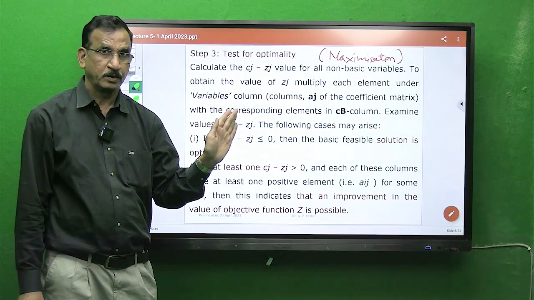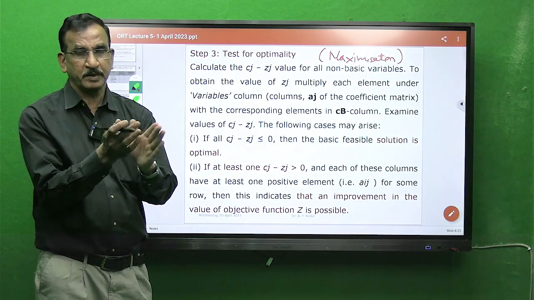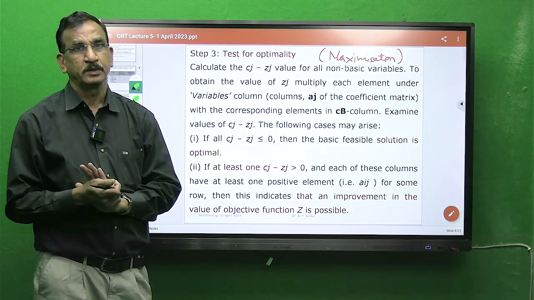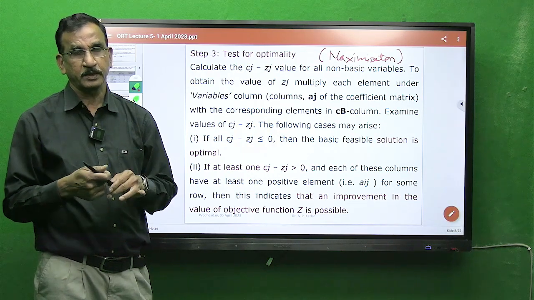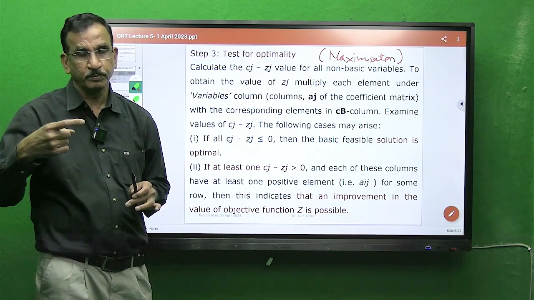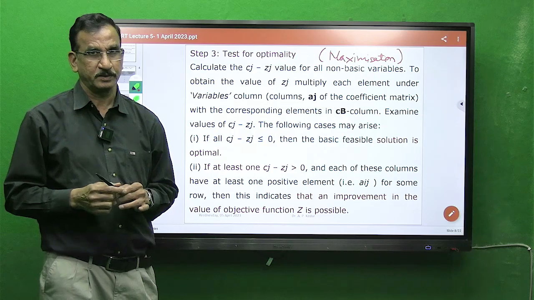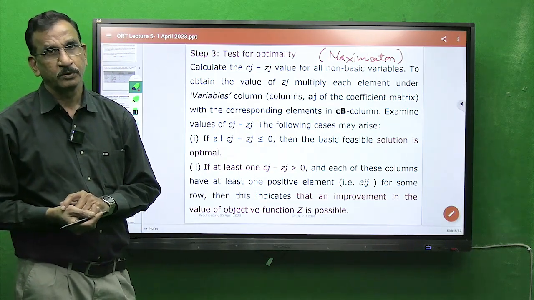If in that entire row of Cj minus Zj, any single value happens to be positive, again that problem will go into the loop and you have to solve it for the next iteration, and this iterative procedure you have to continue.